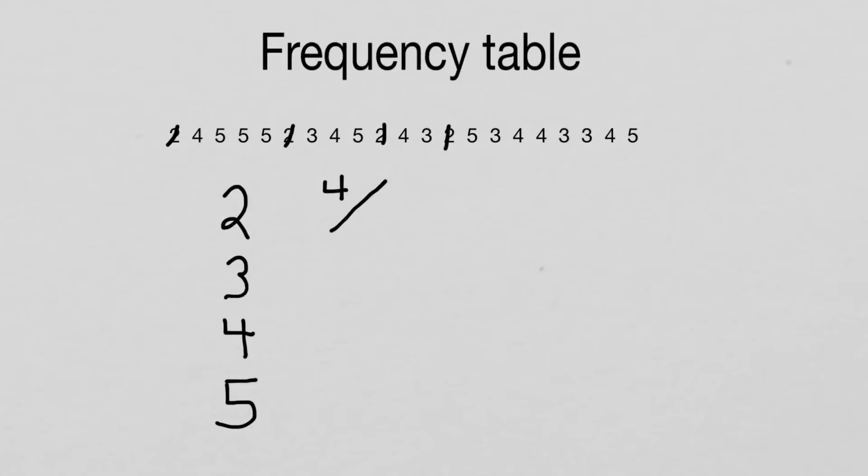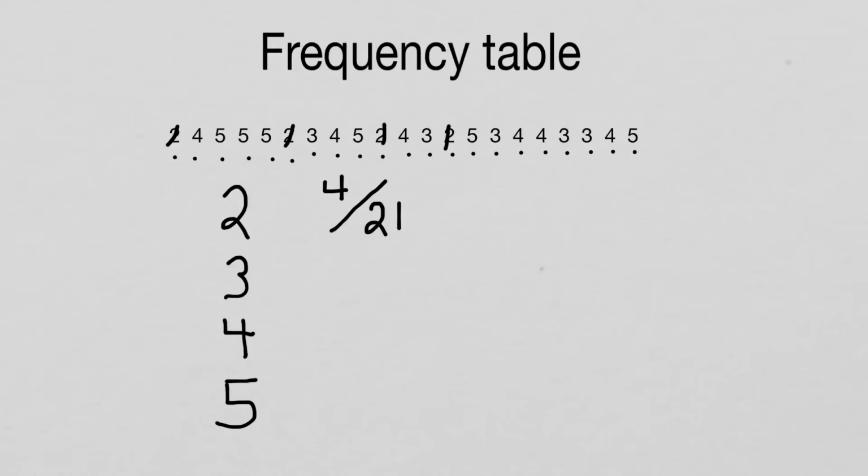Let's see, there's 1, 2, 3, 4, 5, 6, 7, 8, 9, 10, 11, 12, 13, 14, 15, 16, 17, 18, 19, 20, 21. So its frequency, 2 shows up 4 out of 21 times.